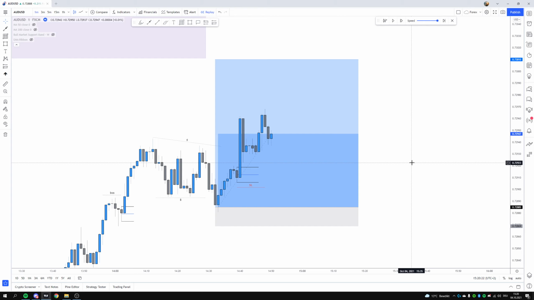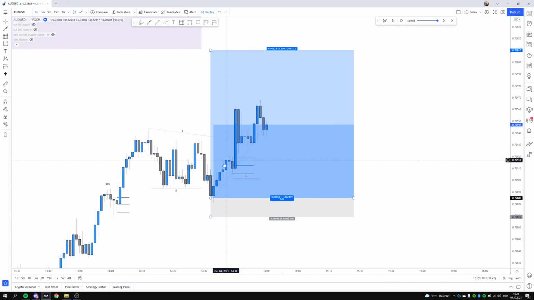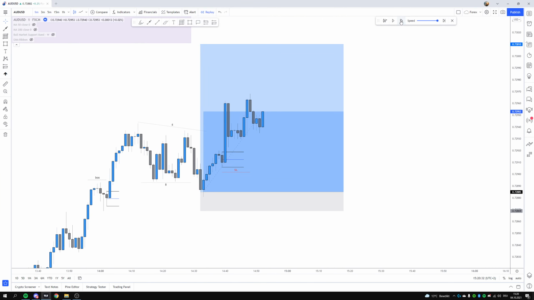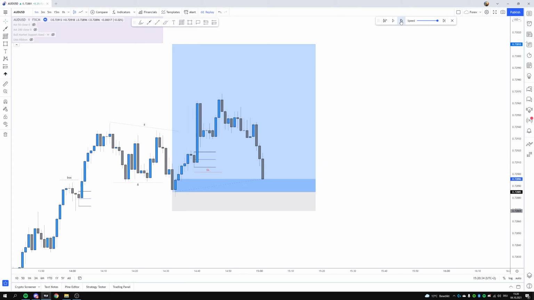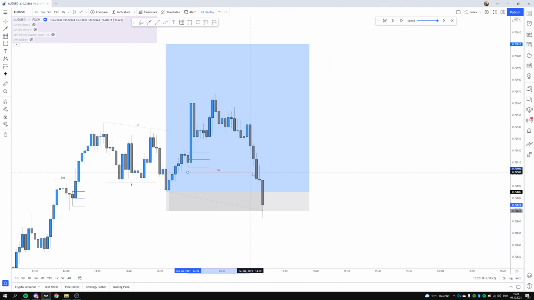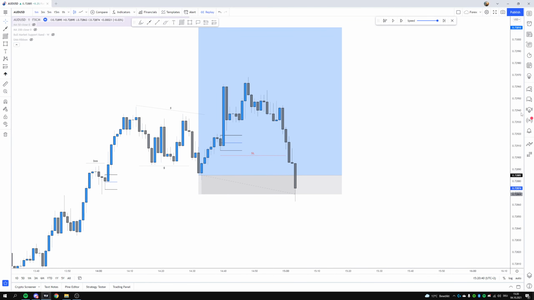I don't like to scale in because I think that's best for my emotions, and that's why I didn't take this trade right there. So pretty simple. Price came back down, took me out. At this point I had a 1% profit, sorry about that.